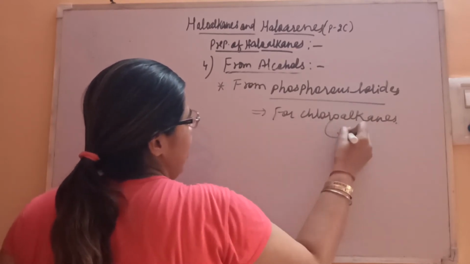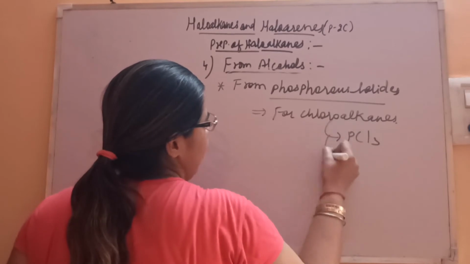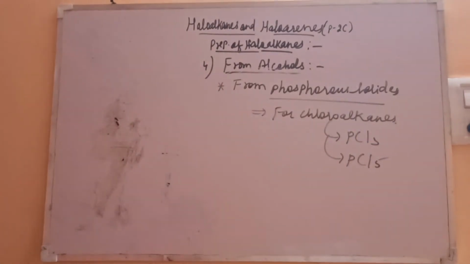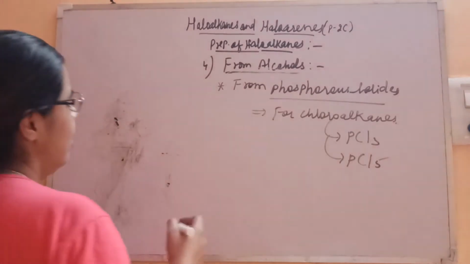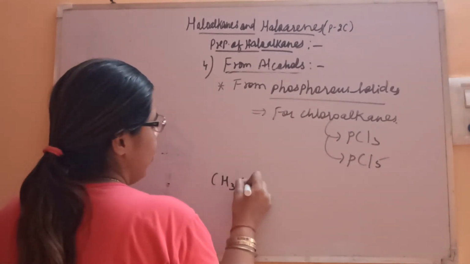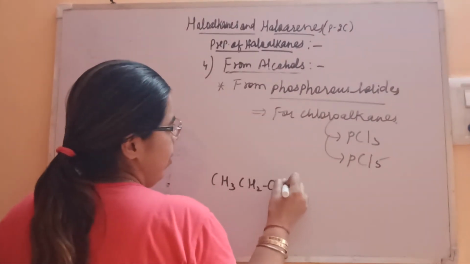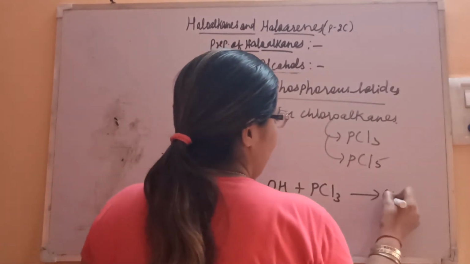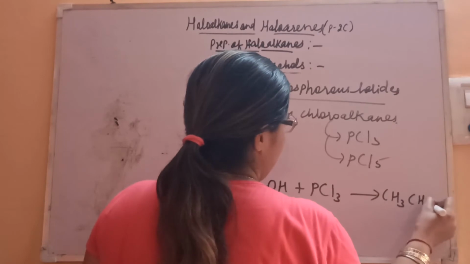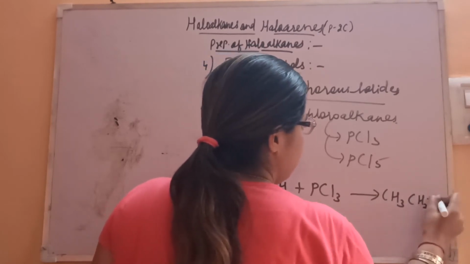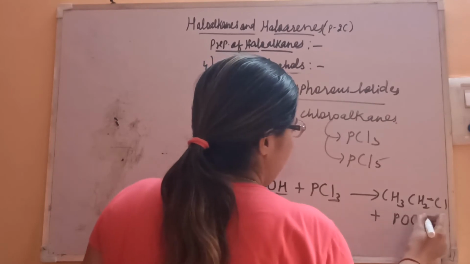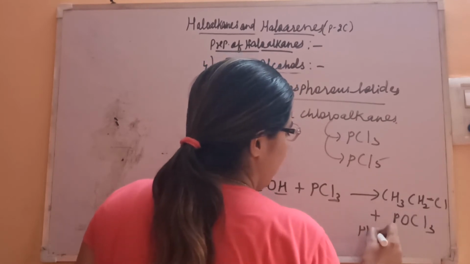Both types of halide can be used, phosphorus trichloride and phosphorus pentachloride. So let's see how we will get the product. Simple, we'll take the alcohol, treat with PCl3, it will give you CH3CH2Cl, because one OH gets substituted.